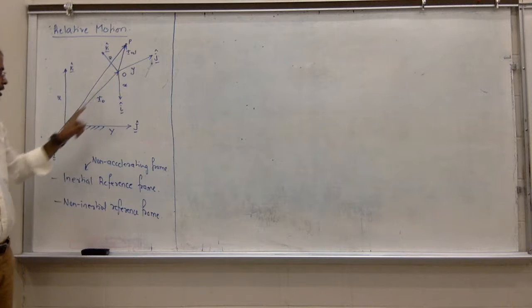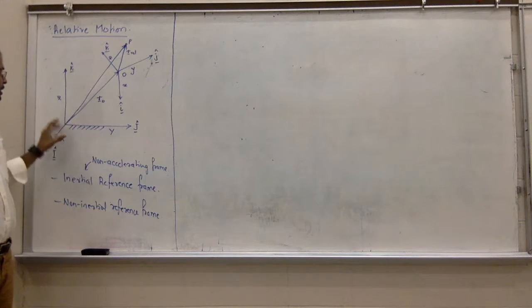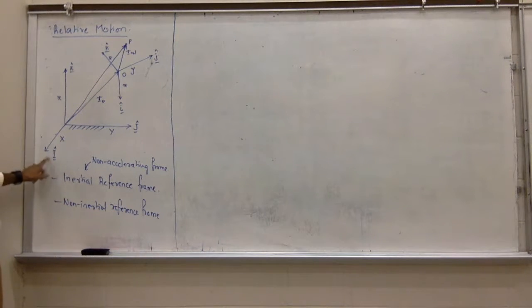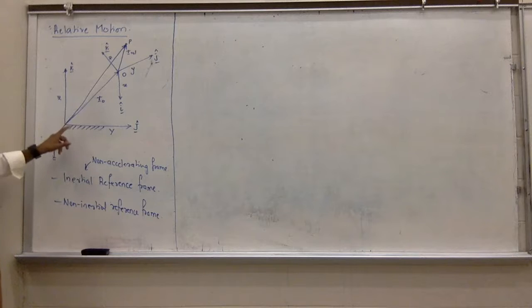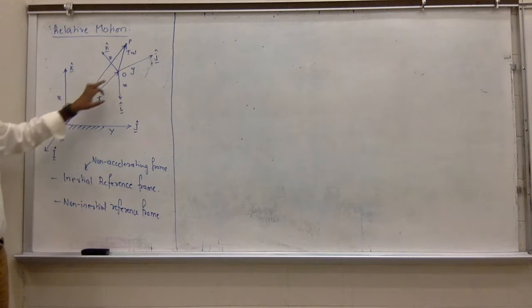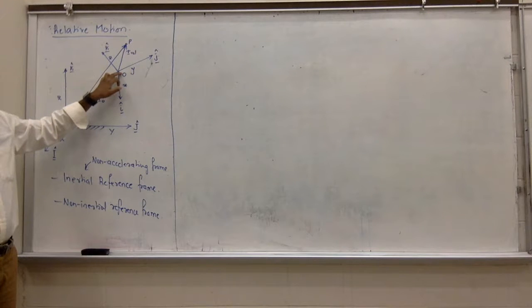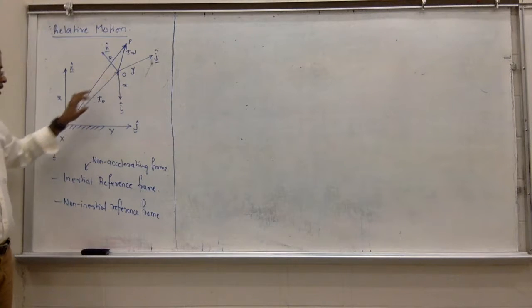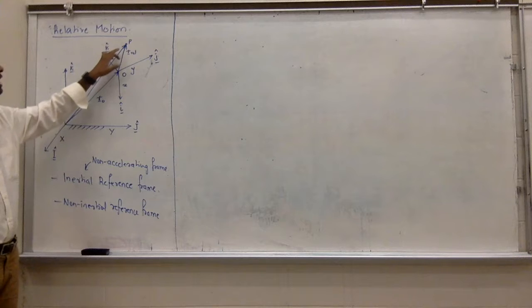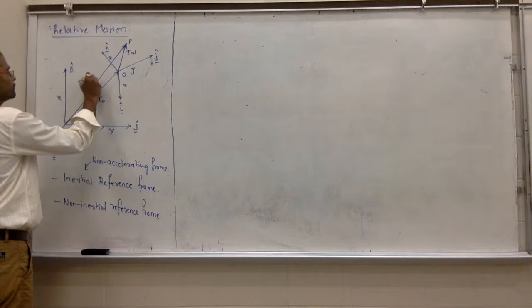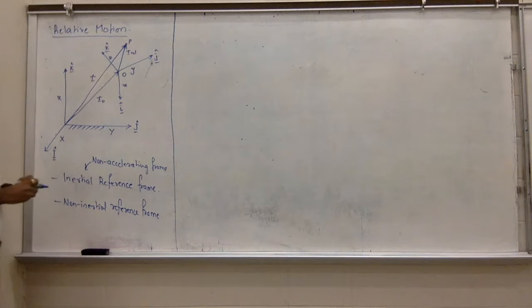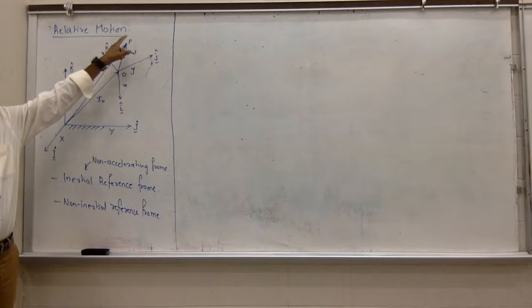Okay. Assume this capital IJK is one inertial reference frame. This R0 is the absolute position of Earth's center. And this R is the absolute position of this point P. Right?